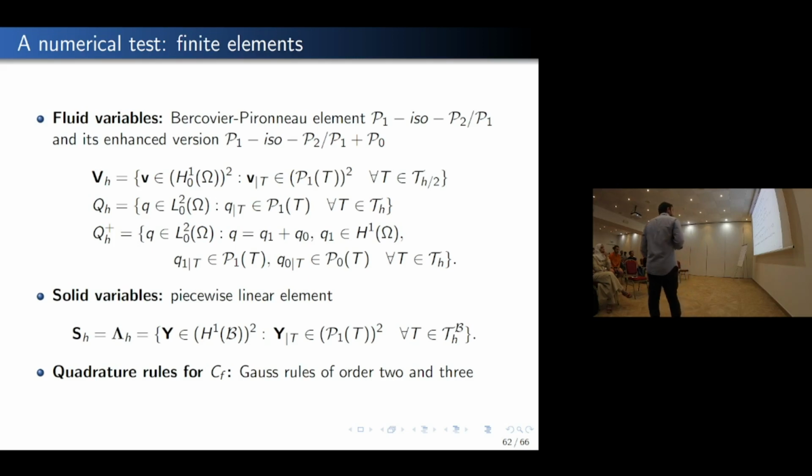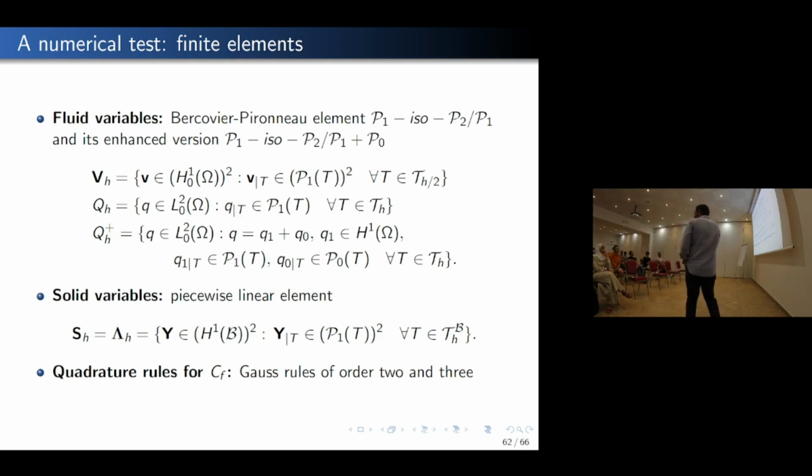Okay, the finite element spaces. For the fluid variables, we know we need to use a Stokes pair. We choose the Bercovier-Pirenne element, that is P1 iso P2 P1, and its enhanced version P1 iso P2 P1 plus P0. So P1 iso P2 is for the velocity, P1 and P1 plus P0 for the pressure. Why P1 iso P2?